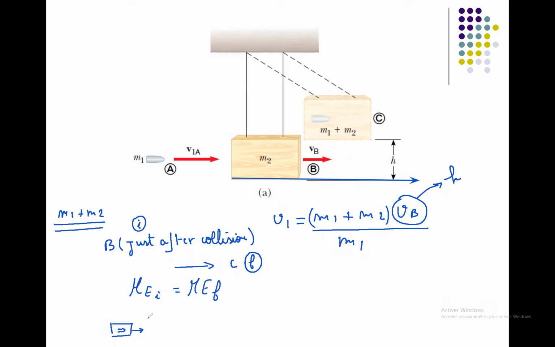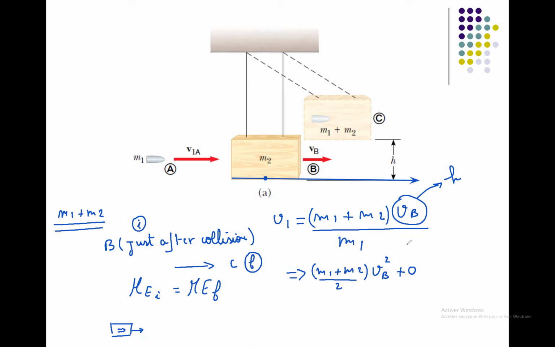We have kinetic energy equal to m1 plus m2 over 2 times vb squared, but no potential energy at the lowest point.